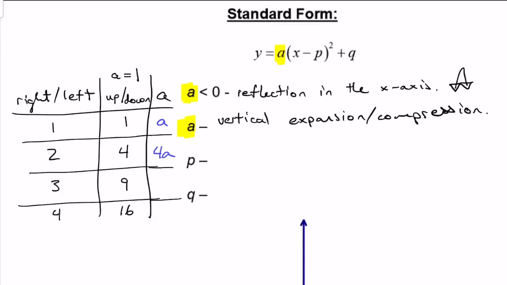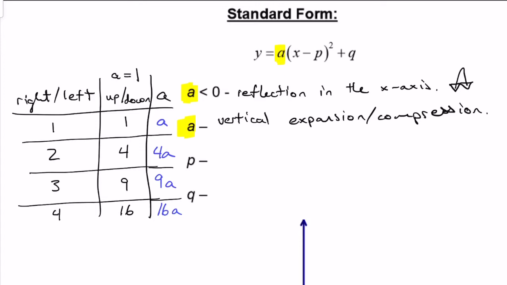Same thing, 9 becomes 9a, and 16 becomes 16 times a. If it was 5 to the right or left, I would go 25 times whatever a is. That's the nice thing about a, it gives us our shape. The bigger a is, the skinnier it gets, because you're going up so much, so fast.